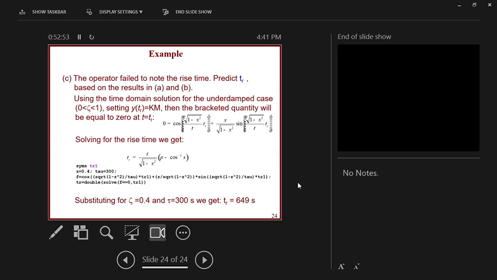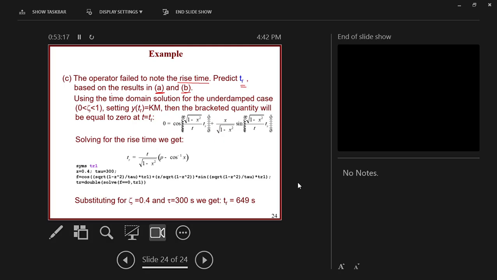Now, the third part of the question says that the operator failed to note the rise time. He didn't measure the rise time, so he wants to predict the rise time based on the results of A and B. From those results we were able to come up with the transfer function of the process.